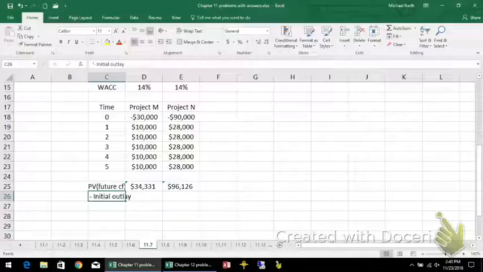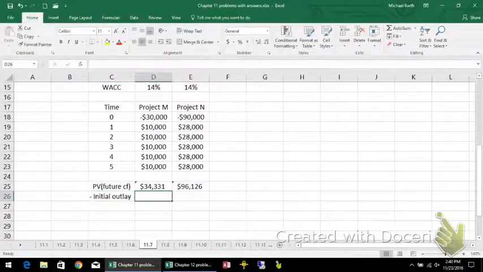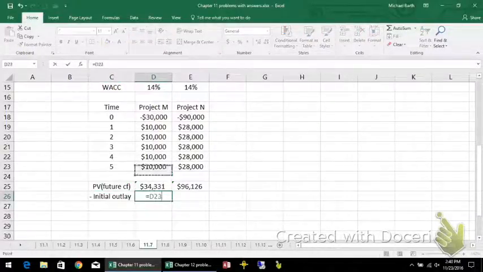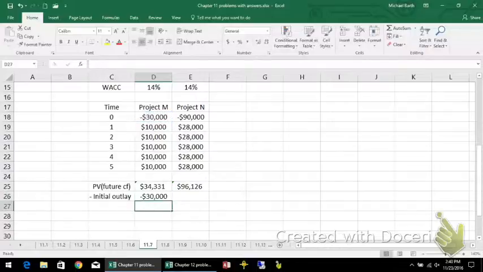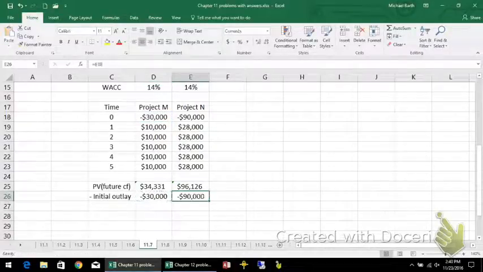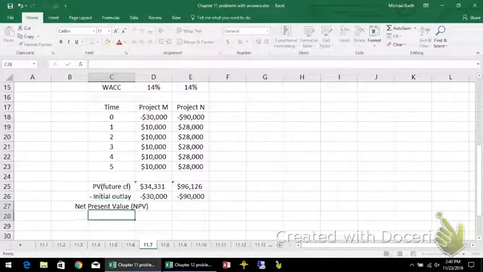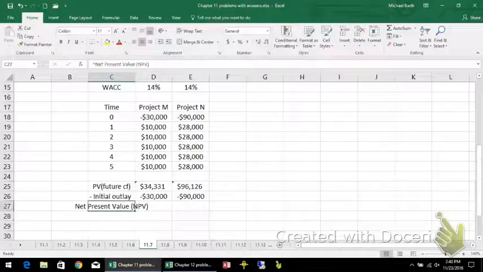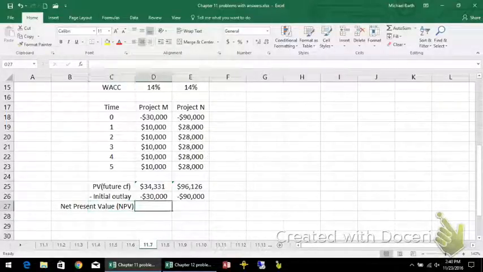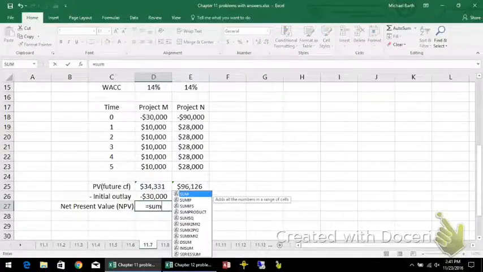That's how much money I have to put into the investment. It's 30,000 for this one, and it's 90,000 for that one. The net present value, or the NPV, is the present value of the future cash flows net of the initial outlay.